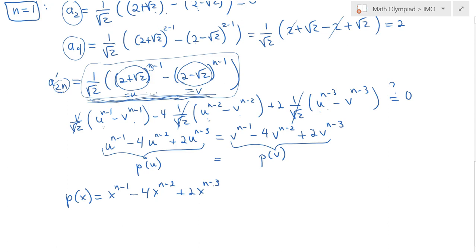And then I can factor out x to the power n minus 3. What I will be left with here is x squared minus 4x plus 2, because 1 here and n minus 2, it will become n minus 2 plus 2. And boom, that's it.